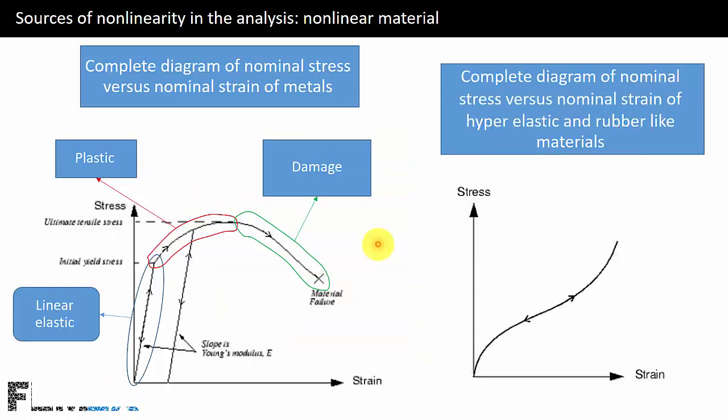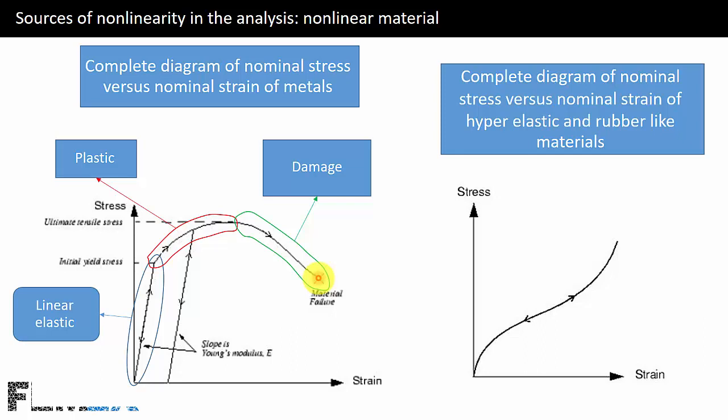Now I want to explain the nonlinear material case in sources of nonlinearity in the analysis. This is the complete diagram of nominal stress versus nominal strain of metals. This part is linear elastic, this part is plastic, and in this part damage occurs.